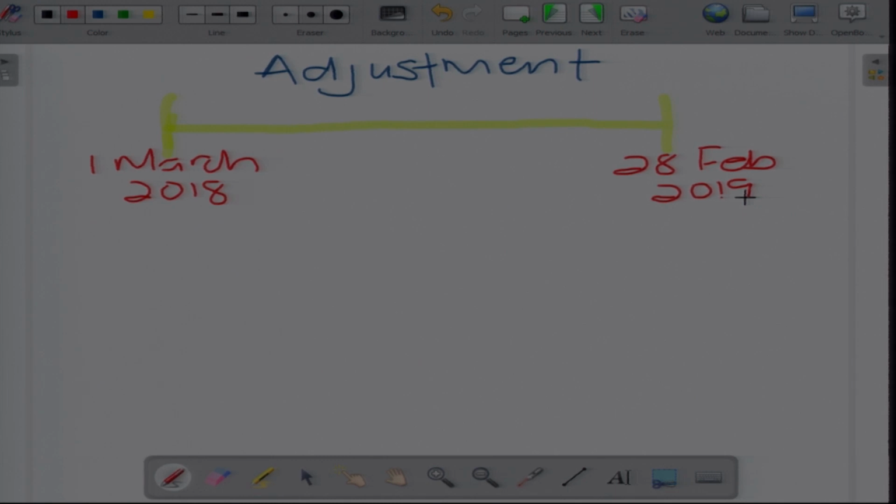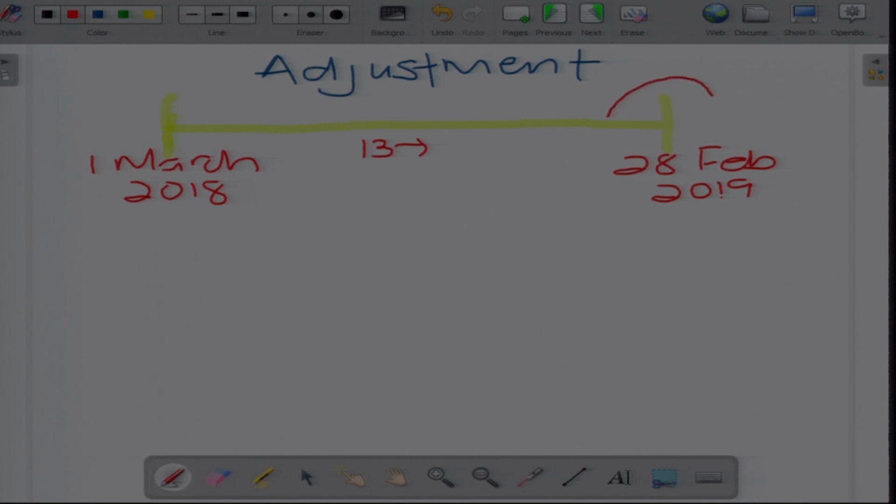Now, an adjustment is when something that you had to pay within the year is not paid yet, meaning it should be here, but it's not here, or it is not supposed to be here, but it's here. For example, if you've paid something for 13 months, remember, a financial year only has 12 months. So if you've paid rent for 13 months, 1 month does not belong here.